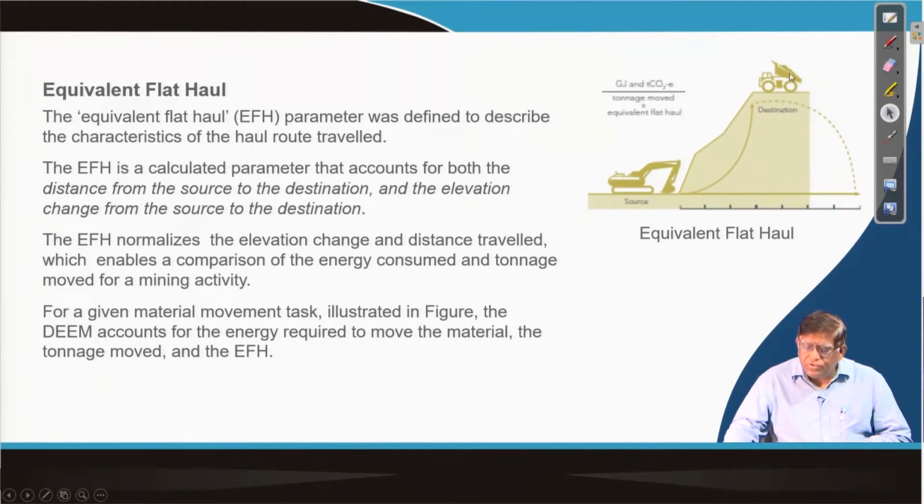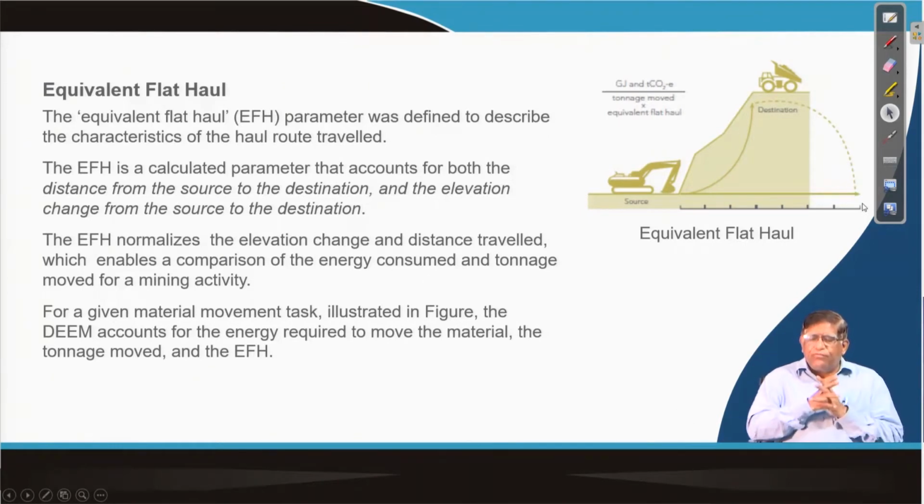All the energy it has spent going up can be brought to the length it would have traveled if it were not going up. That is called the flat haul length, and for that, the total greenhouse gas emitted and the carbon dioxide equivalent can be accounted for.